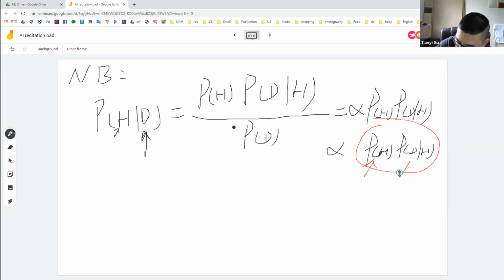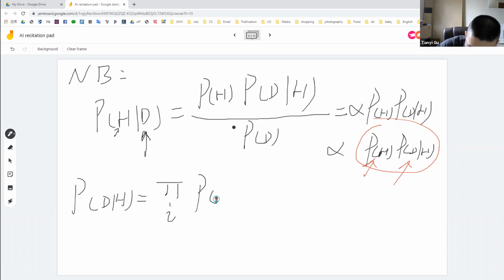And then for this term, we're going to use the naive assumption. The probability under the naive assumption is the probability of each pixel, where xi is the value of that pixel given that hypothesis.